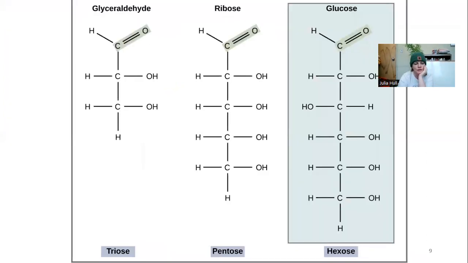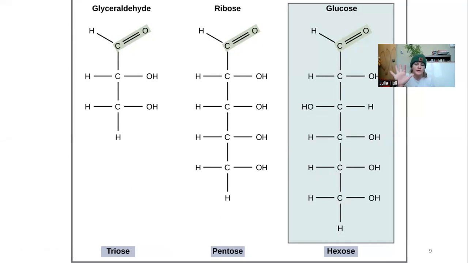So this is showing you 3 sugar molecules that have 3 carbons. We give them the general name of triose. This is just a broad category: every 3-carbon sugar is a triose, but we can get more specific to say that this is a glyceraldehyde. You don't need to ever remember that word as far as I'm concerned, but triose tells you 3 carbons.